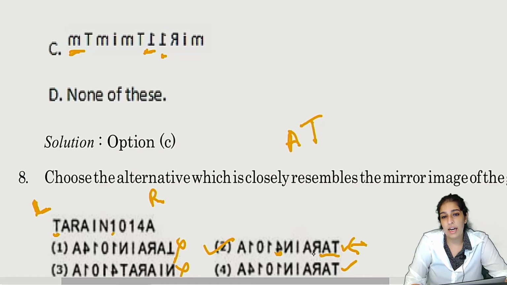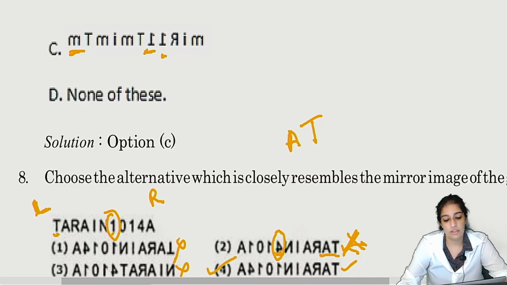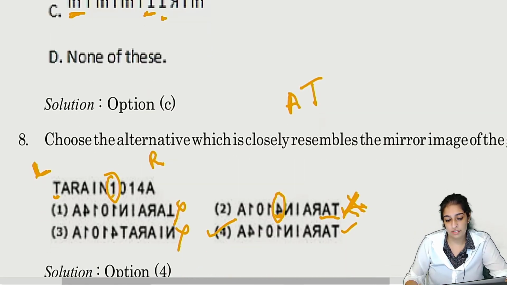T, A, R, A, I, N. 1 आता है, यहाँ उन लोग ने 4 लिखा है. Okay, यहाँ 1 आता है ना, they have written it as 4 over here. Okay, so it cannot be this one, it has to be the fourth option because N के बाद 1 है. Are you all with me?